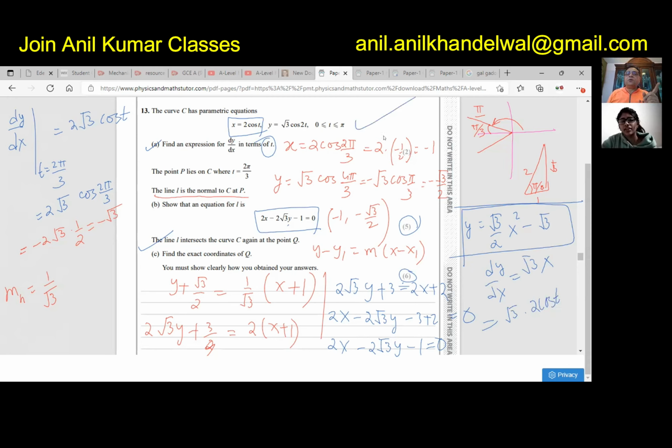But the method which we adopted was a very long method. And therefore, this approach helps. This equation helps you to find the answer for parts B and C also. Because you need to ultimately find the coordinate y for the given x value. We did calculate x equals to 2 cos of 2 pi by 3. We did all those calculations.